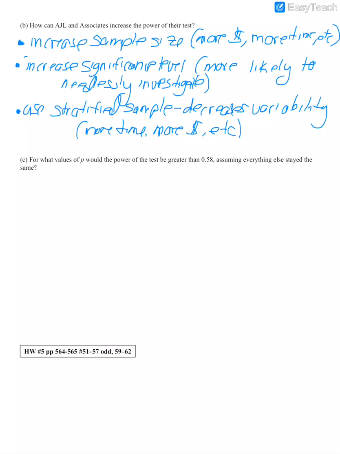So for part C, and this is actually the last part of 9.2, it says, for what values of P would the power of the test be greater than 0.58, assuming everything else stayed the same?